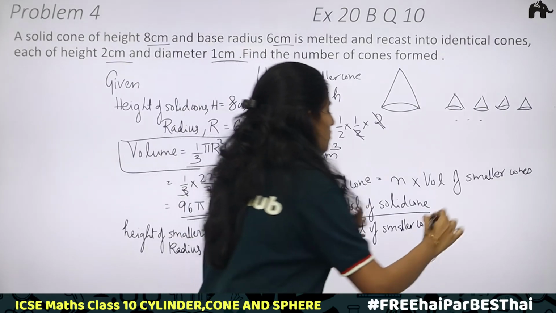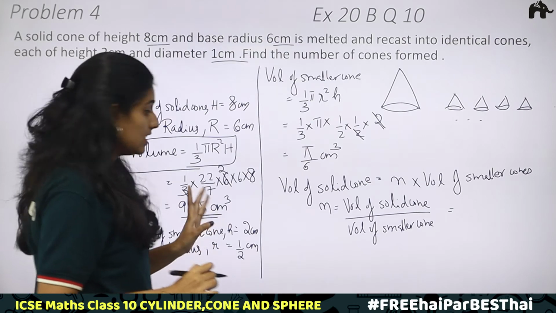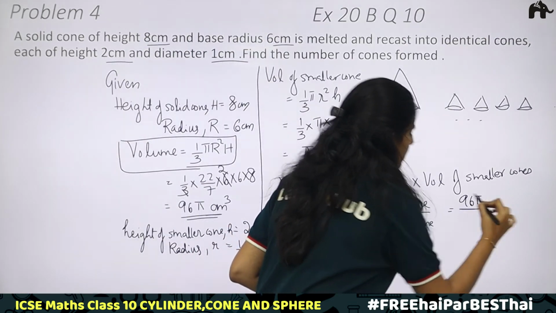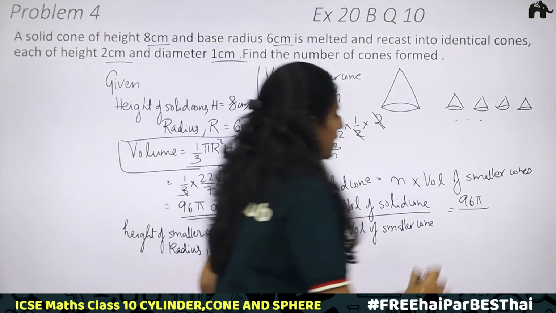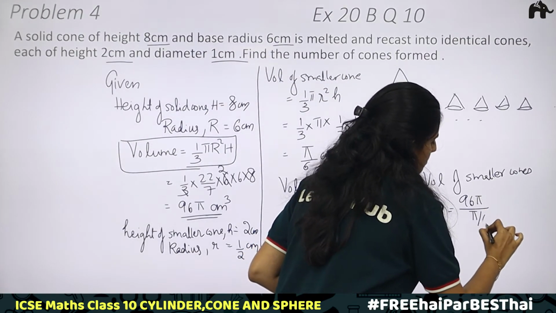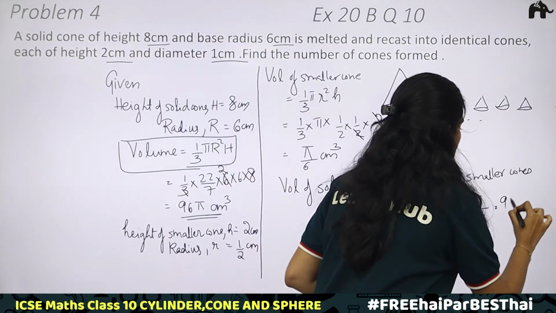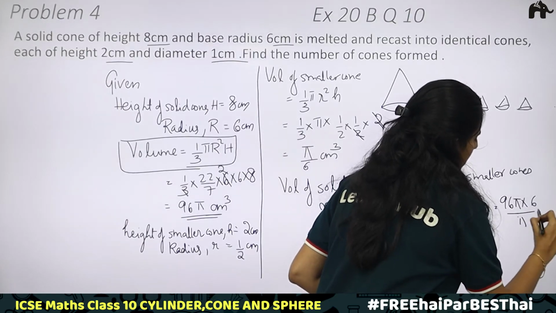What is the volume of the solid cone? It is equal to 96 pi, divided by the volume of the smaller cone, pi by 6. Taking the reciprocal and multiplying, we get 96 pi into 6 divided by pi.